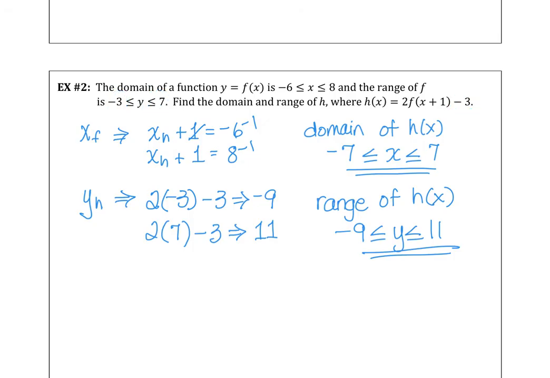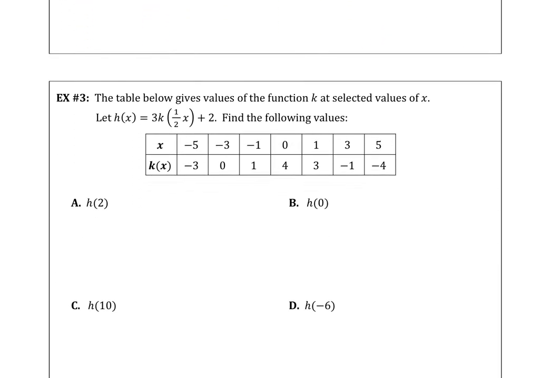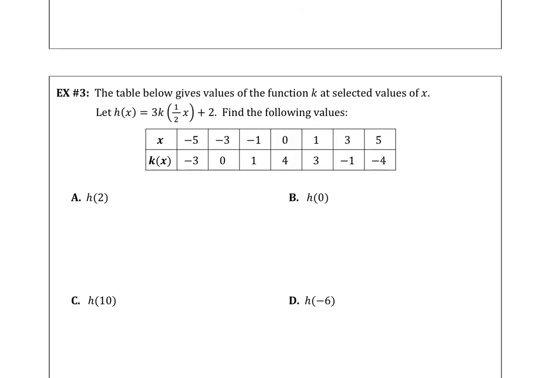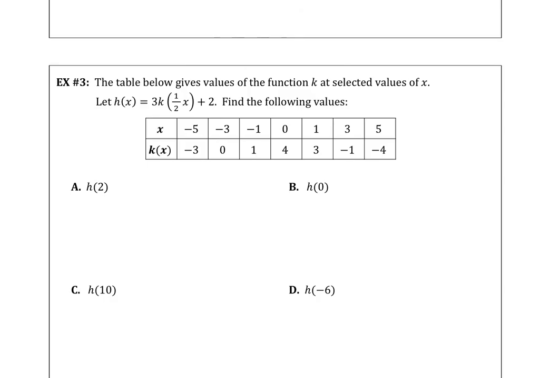Moving on to example 3, we're going to have a table question here. The table gives the values for some function k at selected x values. We're trying to create a new function h of x, which is 3 times our k, but we've got this 1/2 x here and a 2. And we want to figure out, based on this table, how do we find the h of 2?